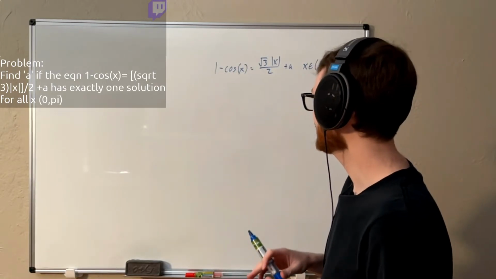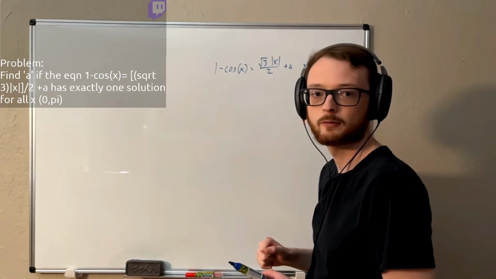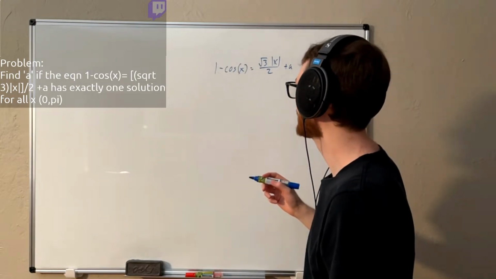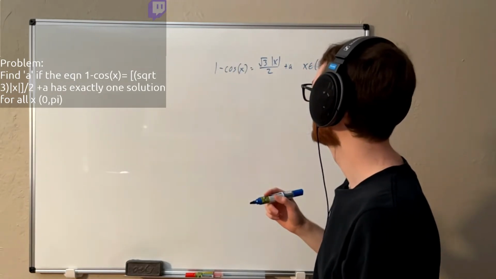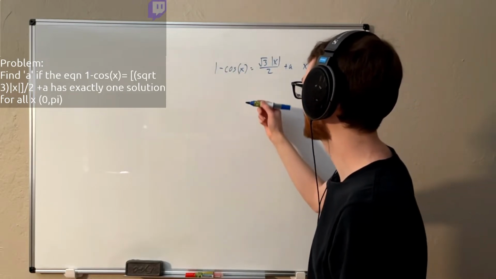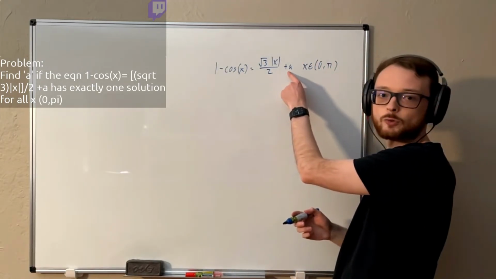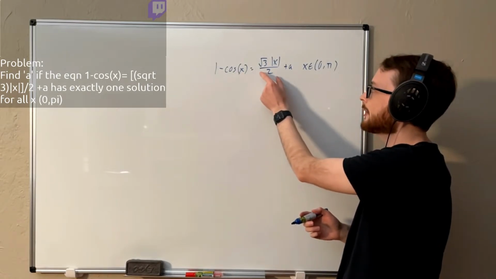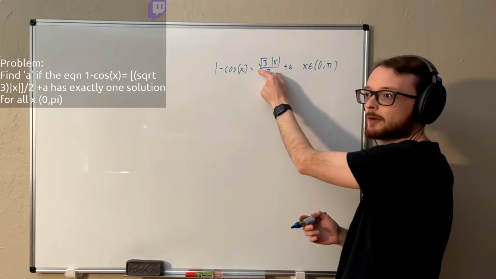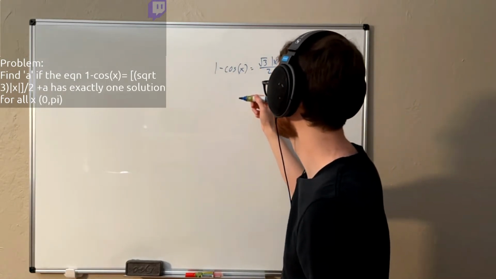My instinct would be to subtract everything over, letting it equal 0, treating the entire thing as a function and finding where it's equal to 0. I know that could work, but I want to draw a rough graph because what we're allowed to control here is a, so it basically comes out to vertically translating this absolute value function up or down to make it have a single solution.